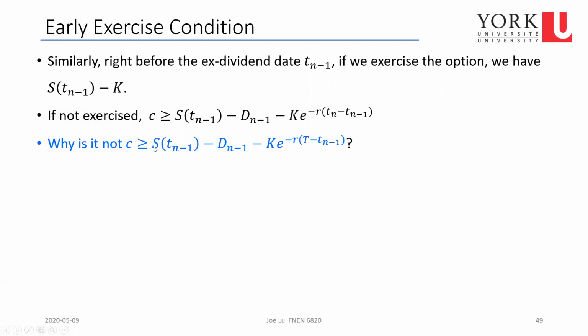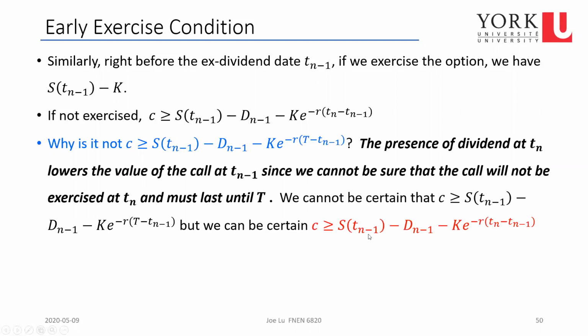Sorry, the smaller this part, the bigger the entire expression here. So we can be sure the call value is greater than this, but we cannot be sure that the call value is necessarily greater than this bigger value here. So we know that this blue value is greater than this black value here, this expression.